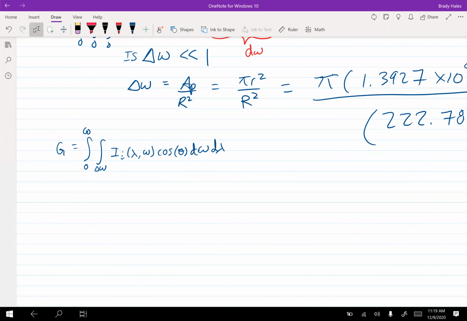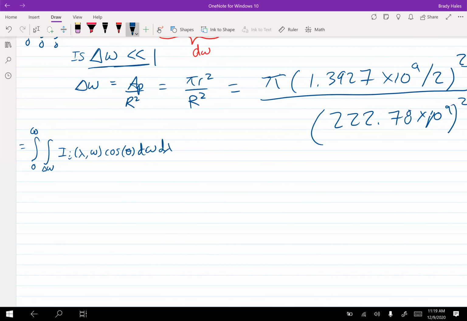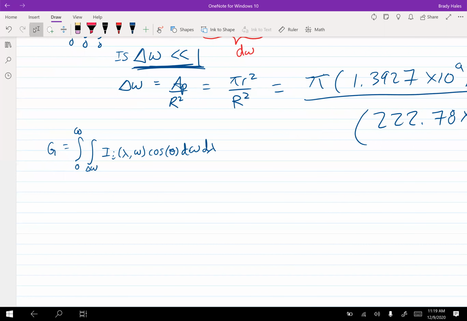Then we ask ourselves, are I, intensity, and cosine theta functions of the solid angle? Do they change over the solid angle? If this approximation, delta omega much less than 1, is true, then we approximate I and cosine theta as constants with regards to d omega.